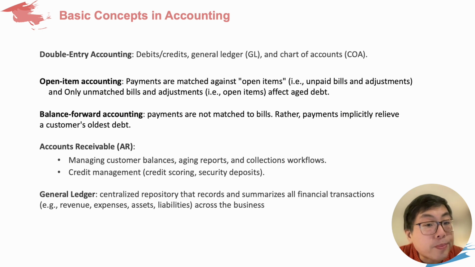Okay, so next one is account receivable. This is a way of how we describe the accounting in C2M in general, because the account we have in CC&B is a billing account.